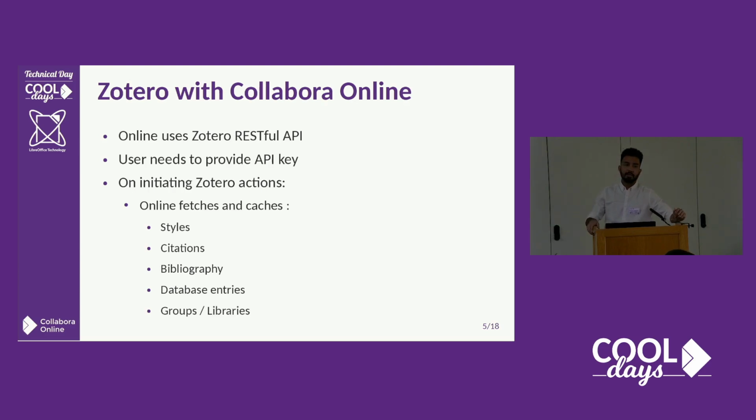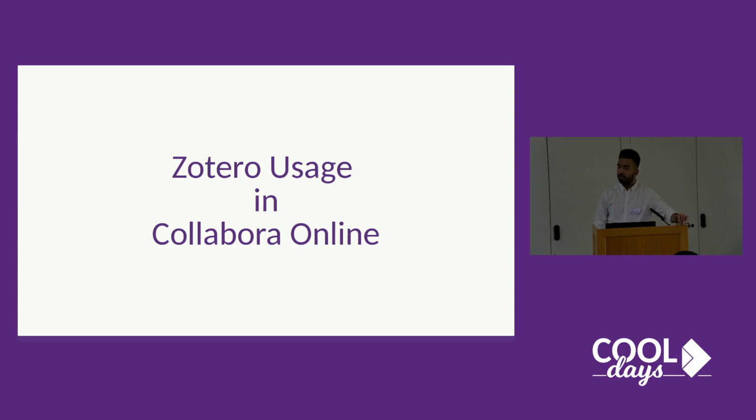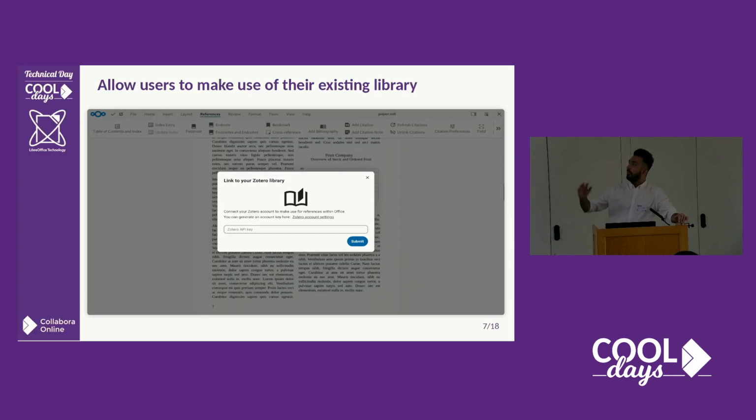So you can use it immediately if anything is available on the Zotero site. If anyone is using Zotero for the first time, they will be asked to enter their API key here. And just in case they forgot and closed this, and later on wish to re-enter it, they can find the settings in their personal settings.